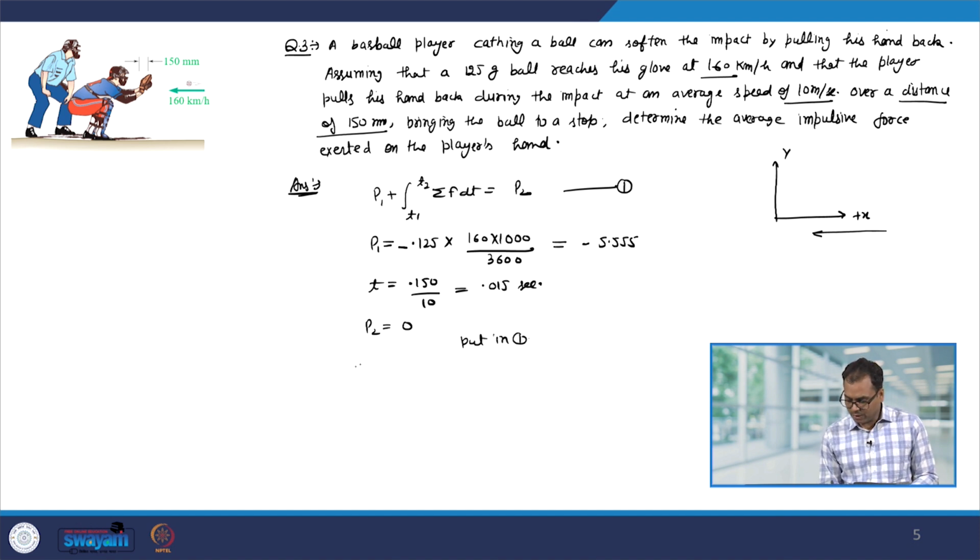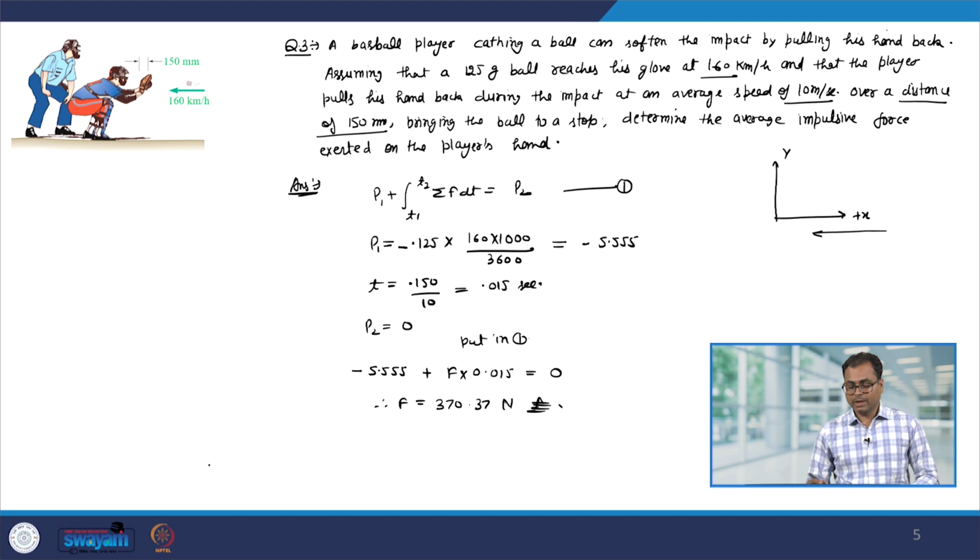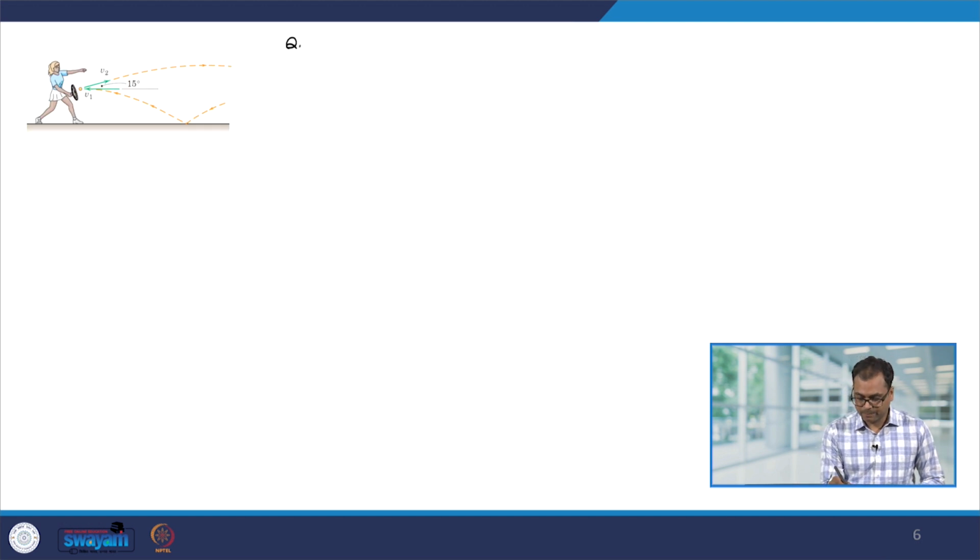So, we have minus 5.555 plus F dt, with dt 0.015, equal to P2 which is 0, and from here I can find F. That comes out to be 370.37 Newton.